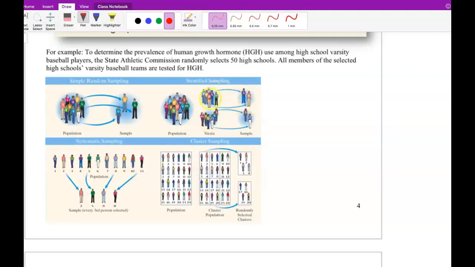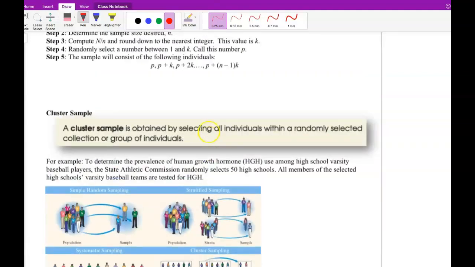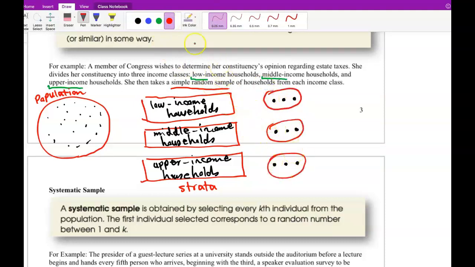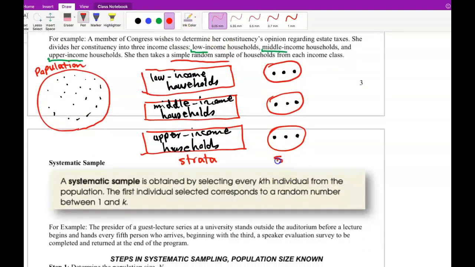Here we have 2 from the first group, another 2 from the second group. Doing the same thing. Let's say I choose 3 from each one. So this part is the sample.